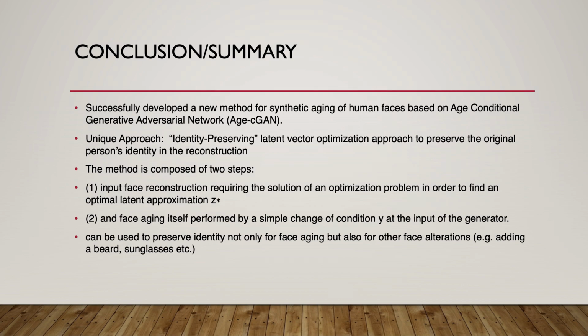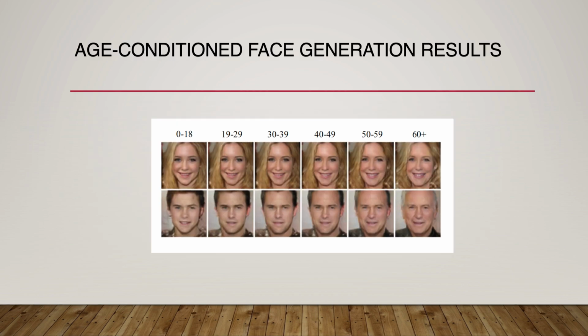So let's talk about the conclusions here. The writers successfully developed a new method for synthetic aging of human faces, based on an age conditional generative adversarial network. They wanted to base it on conditions, and their conditions were age categories, to see how the person ages, and they were able to achieve this, as we showed here in categories.